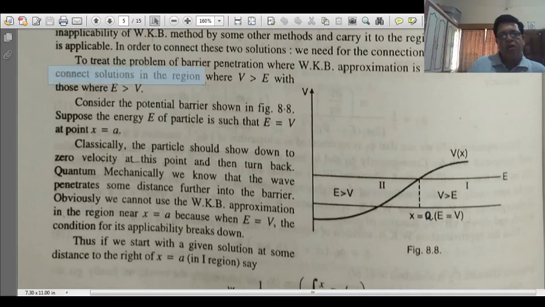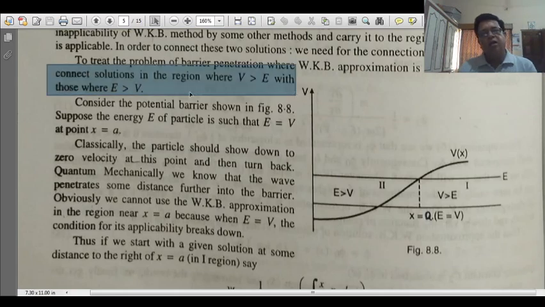To connect the solution in the region V greater than E with that where E is greater than V.